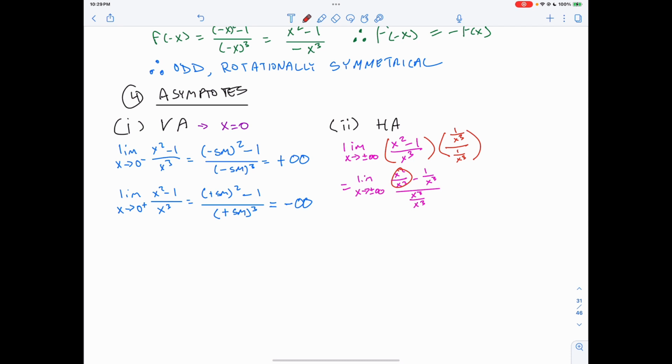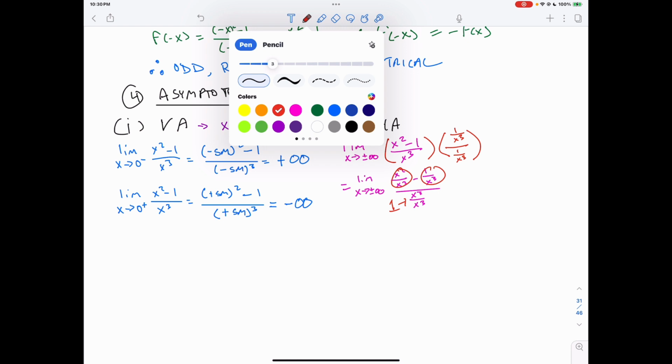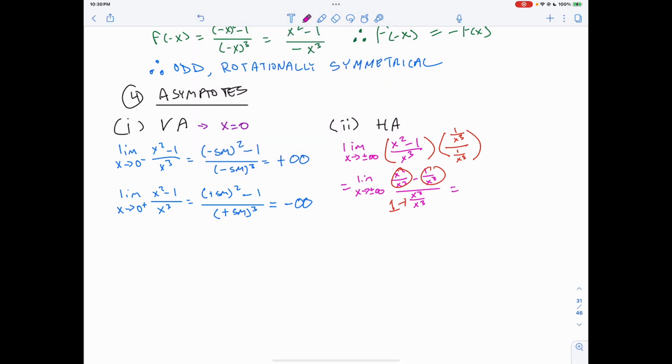This is going to become 0, this is going to become 0, and this is just going to become 1. Which means that this limit is going to approach 0 over 1, which means it's just going to approach 0. So I have a horizontal asymptote at y is equal to 0.